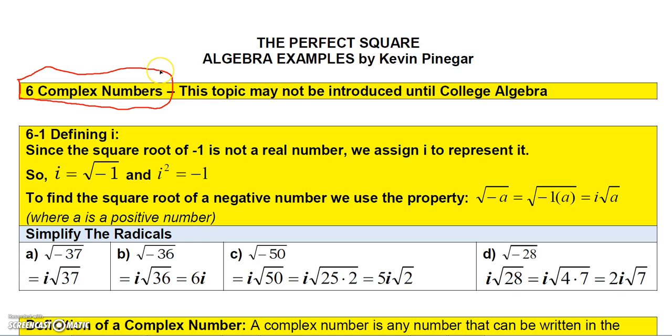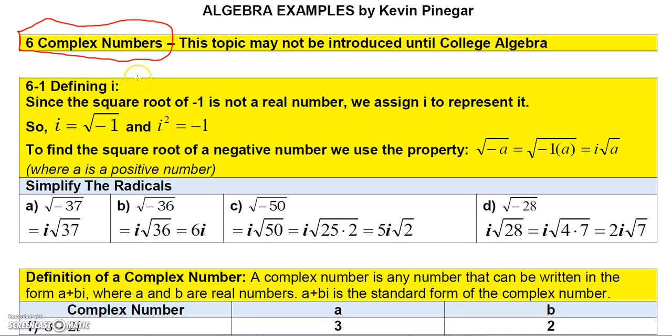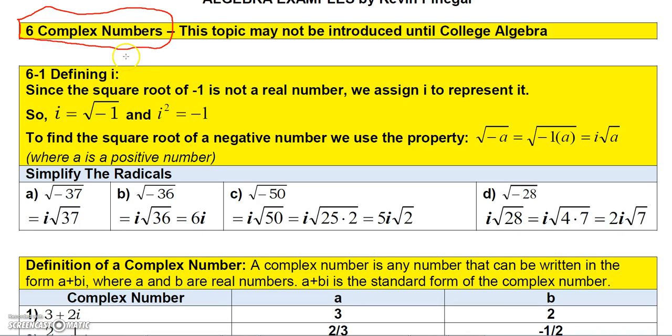So if you see some quadratic equations in the next chapter that have answers that look unfamiliar, that have i in them, that's because you get complex solutions. So anyway, it just depends on what's covered in your course.